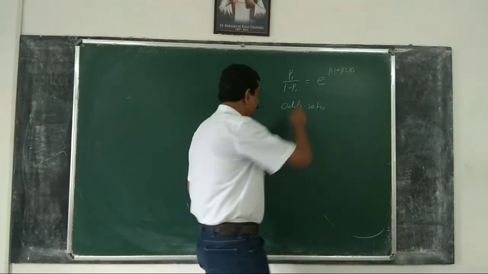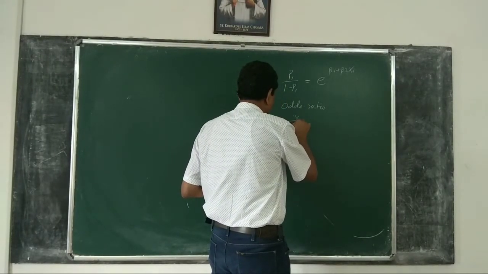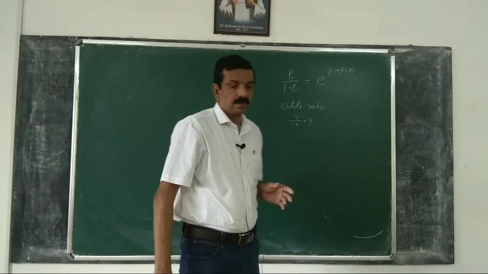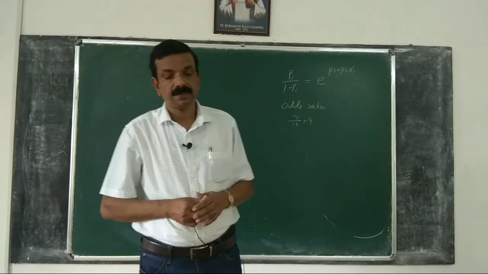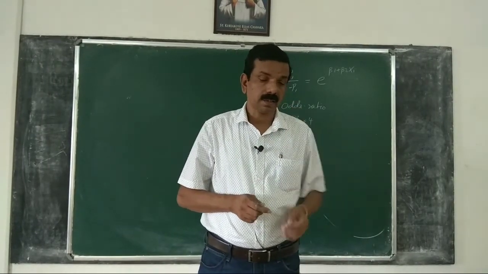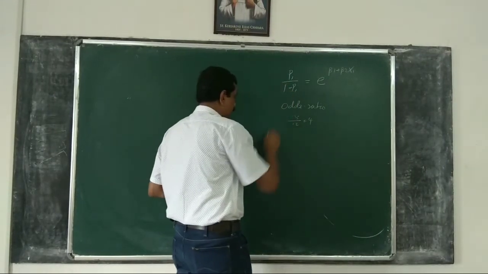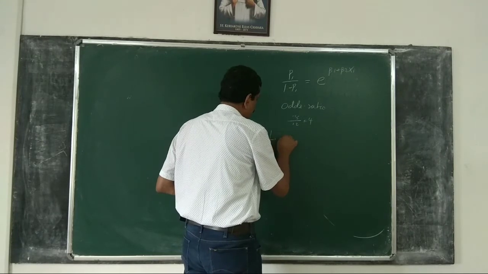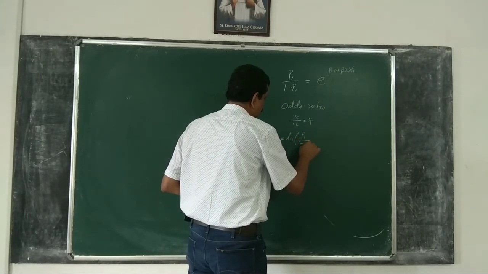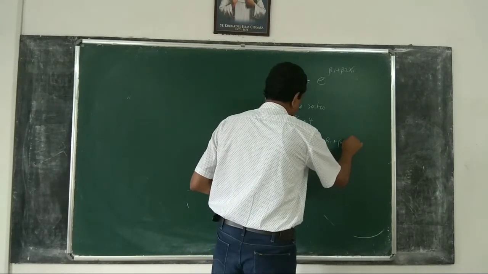For example, if Pi is 0.8, you get 0.8 by 1 minus 0.8, that is 4. The odds are 4 to 1 in favor of the family owning a house. If you take the log of the odds ratio, Li is equal to ln of Pi by 1 minus Pi, which is equal to beta 1 plus beta 2 Xi.